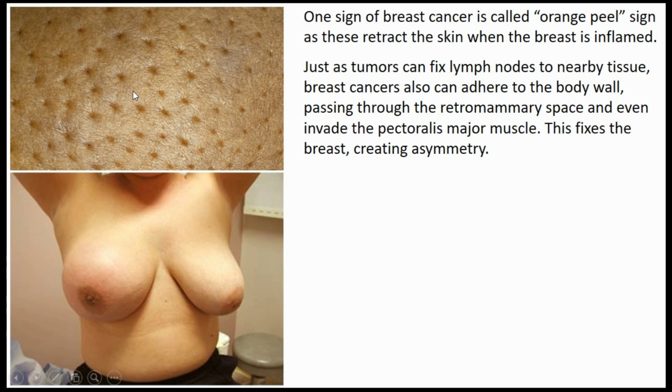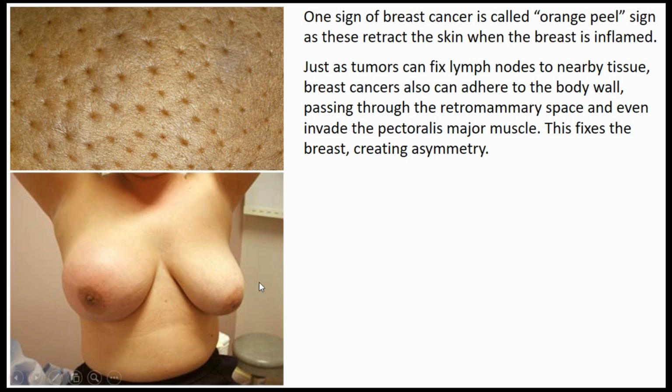Now, just like lymph nodes can get stuck to the underlying connective tissue and become fixed when they get cancer cells dividing within them, breast cancer can actually spread within the breast and kind of violate the retromammary space and fix the breast and its connective tissue to the underlying pectoralis major muscle.